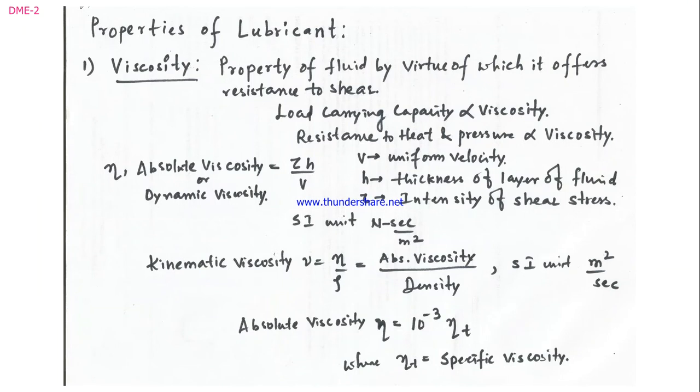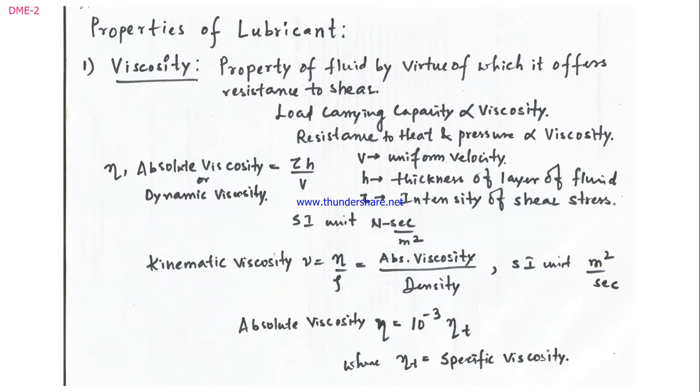The first and foremost property that a lubricant needs is viscosity. So what is viscosity? It is a property of a fluid by virtue of which it offers resistance to shear.